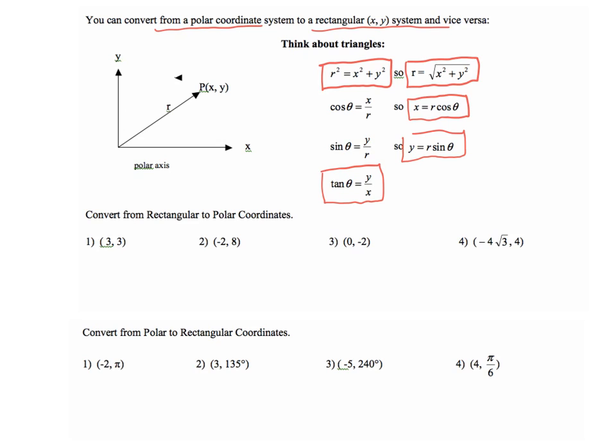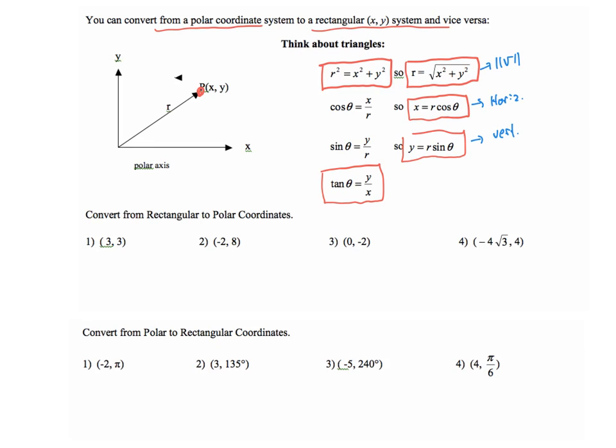So all of these relationships might actually look familiar from vectors, because that's kind of where they come from. You might think of this equation right here as the magnitude of a vector. You might think of this one as the horizontal component and the vertical component. Maybe you remember magnitude form and component form. That's basically where this is coming from.